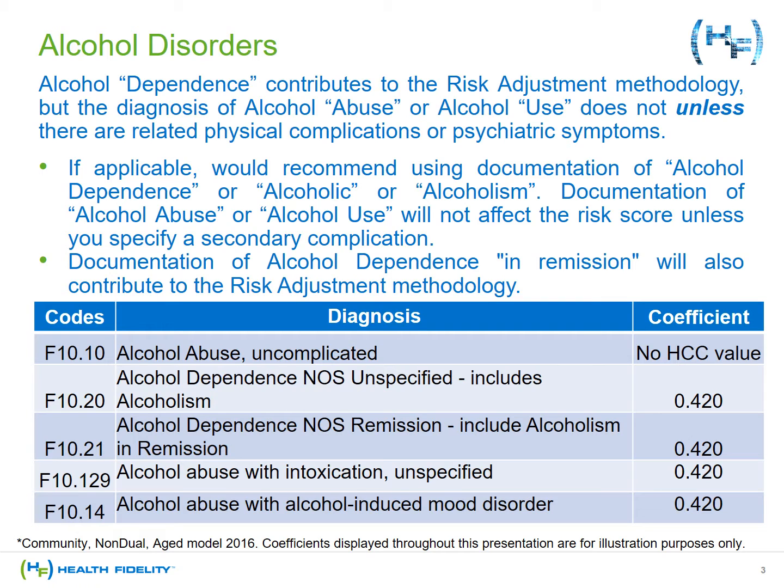Even if the patient has alcohol dependence with remission, that also has the same coefficient. If you again use the term alcohol abuse or alcohol use and you link it to a physical or psychiatric complication, then you will get a similar coefficient. So alcohol abuse with intoxication unspecified or alcohol abuse with an alcohol-induced mood disorder will give you a significant coefficient for the risk score.